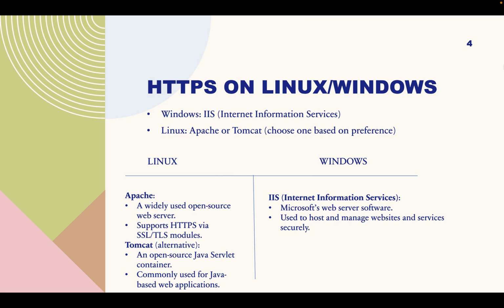It's an open source Java servlet container, and it is commonly used for Java-based web applications. Internet Information Services is Microsoft's web server software, and it's used to host and manage websites and services securely.